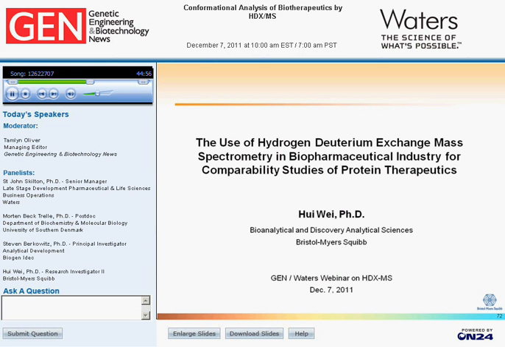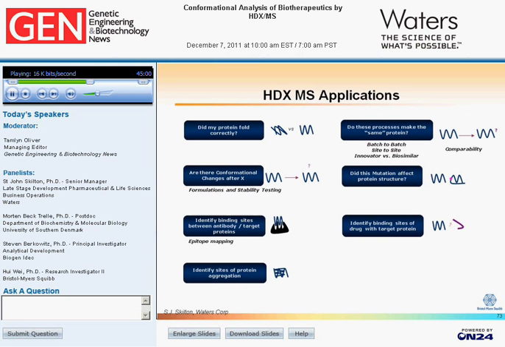As the previous speakers have introduced, there are many unique advantages in HDX-MS technology. HDX only requires a very small quantity of protein sample compared to other techniques. With local HDX-MS, the localized information in conformation can be obtained, whereas other methods, such as CD, cannot.